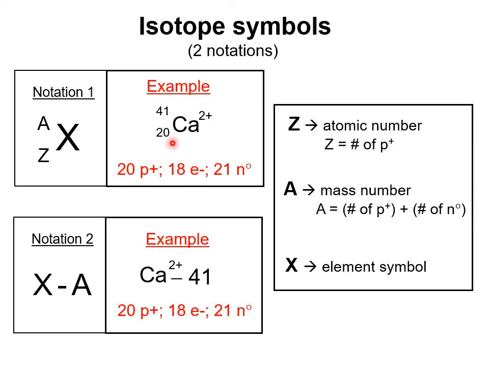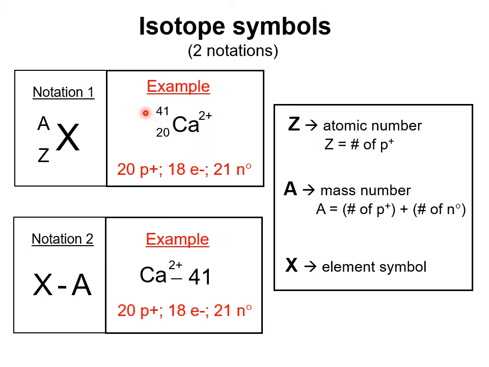So here's an example. I'm showing you calcium. Calcium contains 20 protons. So anytime this symbol here is calcium, this number here at the bottom left has to be 20, because it's the 20 that defines that this element is calcium. On the top here, I have the charge of calcium. So if I were to calculate the electrons, I would know that this has 2 more protons than electrons, so it contains 18 electrons since the charge is plus 2.